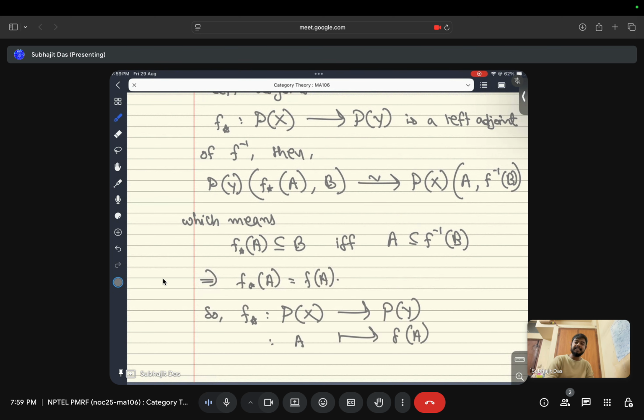And note that if a is a subset of a prime, then f of a is a subset of f a prime, etc. Once you guess what it does to the objects, knowing what it does to the arrows is straightforward. That uniquely gives you a functor.